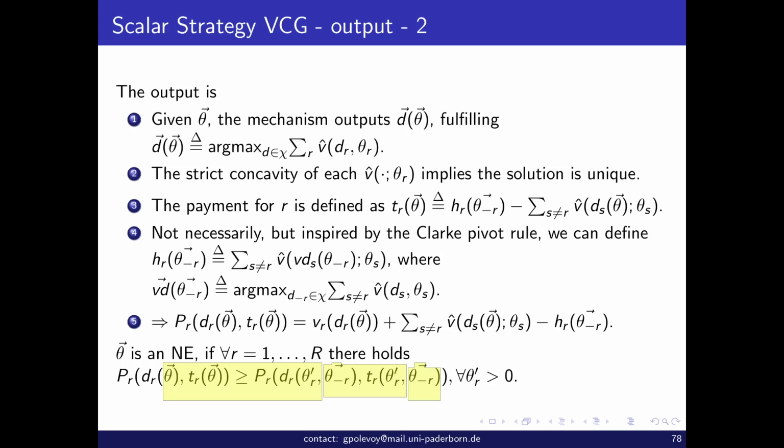We hope that this mechanism has some nice Nash equilibrium, like the original VCG has a weakly dominant strategy profile, which here we'll see does not have to be the case. But here we will show that this new mechanism allows for a Nash equilibrium which is good in the sense that we'll see. So it's truthful and efficient and so on.